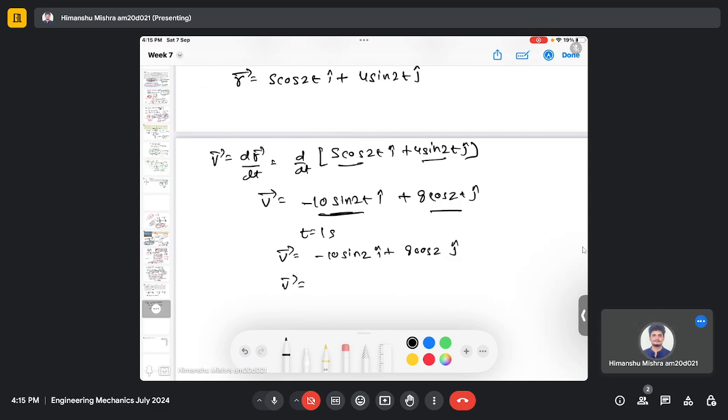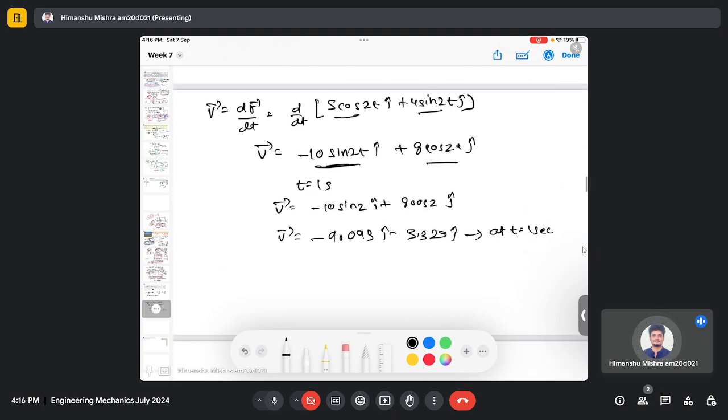On solving this, I will have minus 9.093 in the x direction and 3.329 in the j direction. So this is my velocity vector at time equals 1 second.